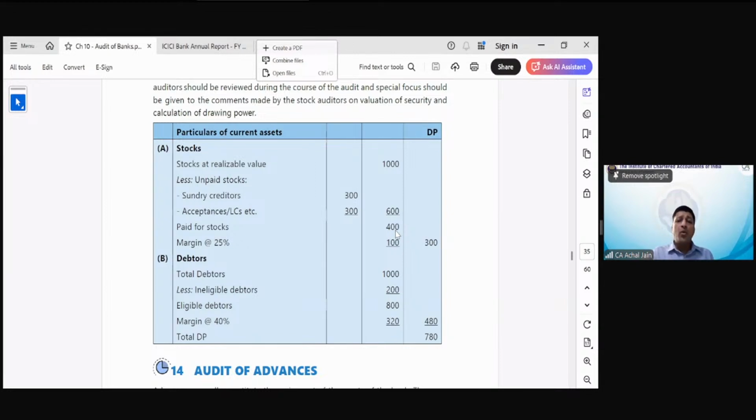Shreya is asking, sir, please clear the mode of creation of security once again. What do you mean by clear? Do you want me to discuss that again? Is it mode of creation, Shreya? Quickly.